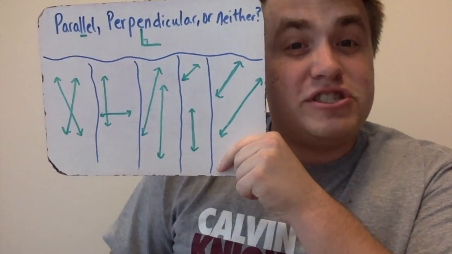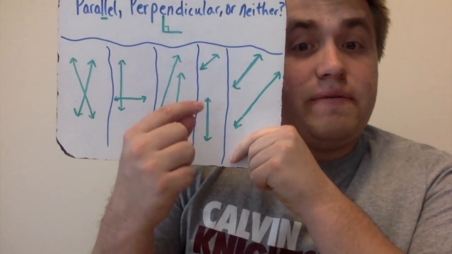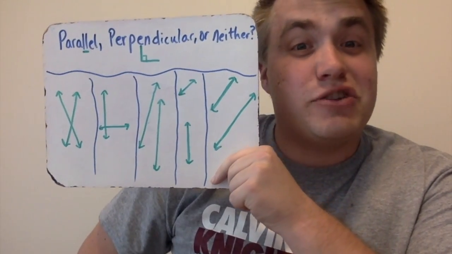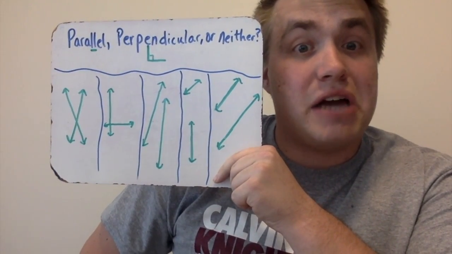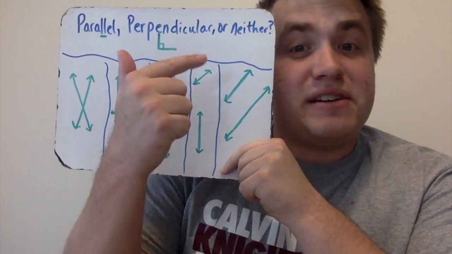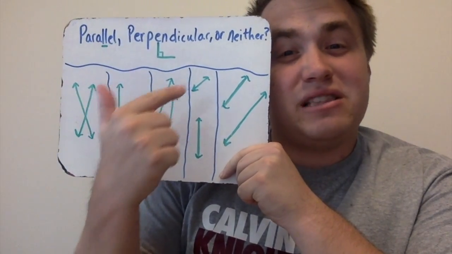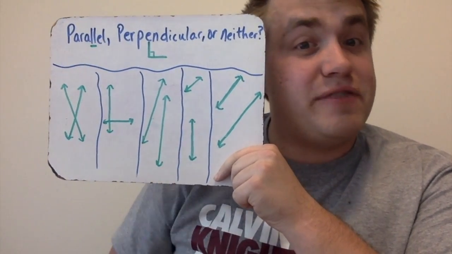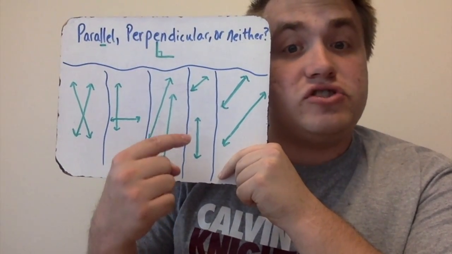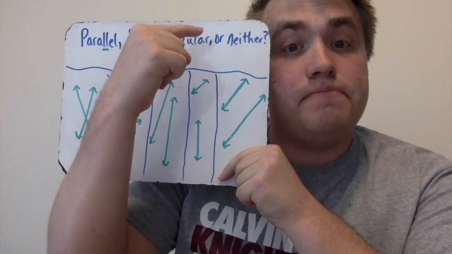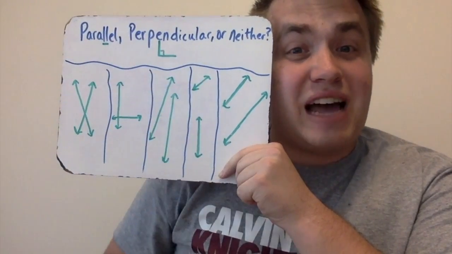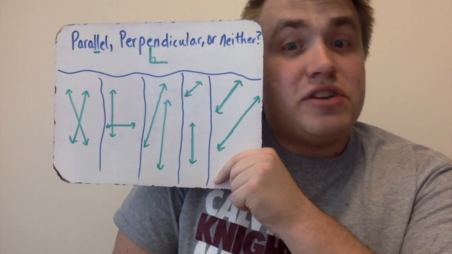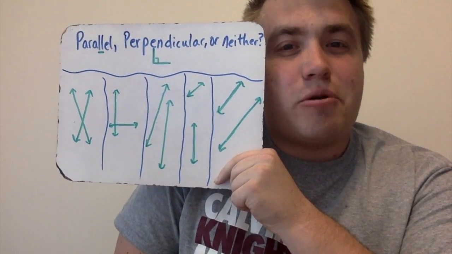It would be important to check to see if they would come in contact with each other at a 90-degree angle, at a perpendicular line. But just because I see the angle of this line up here, I know that it's not going to make a 90-degree angle. If you're not sure, what you could do is just trace this line all the way up, and when it intersects with the top line here, if it makes a 90-degree angle, then you have perpendicular. But in this case, we do not have perpendicular.